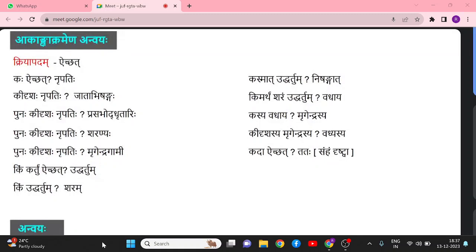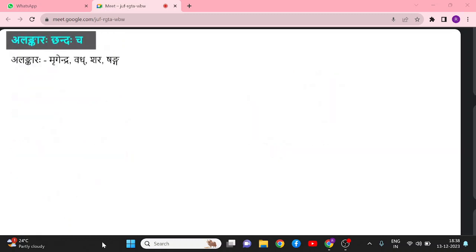Mrugendra and Mrugendragami, Mrugendrasya gantum sheelam yasya saha. That's all. It is not Atishayokti. Sharanyaha, then there is also Sharam, Sharanya, Vadha and Vadha, and Shanga, Abhishanga, Nishanga. So there are quite these.